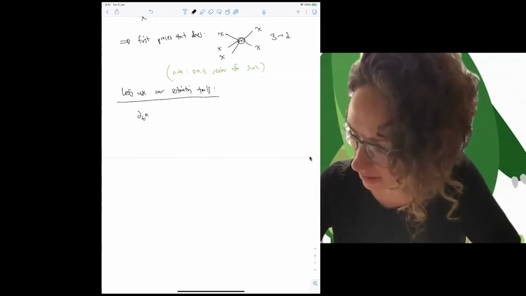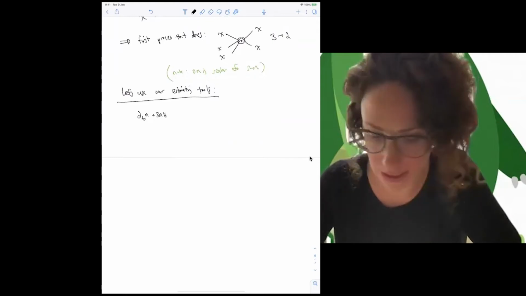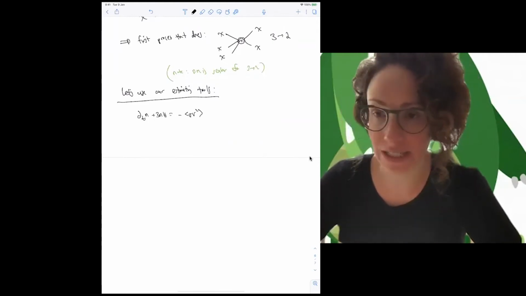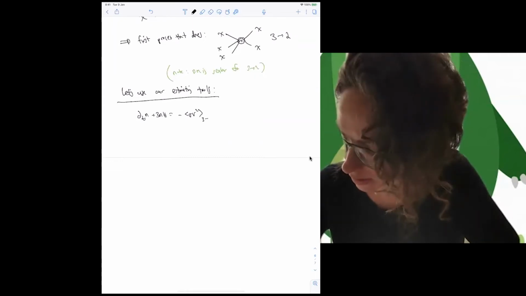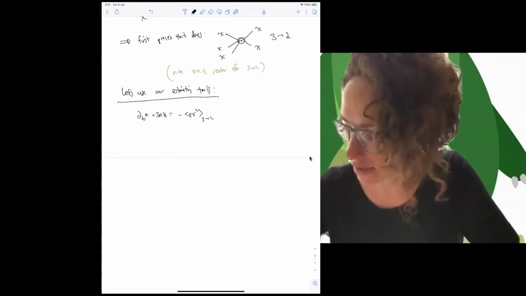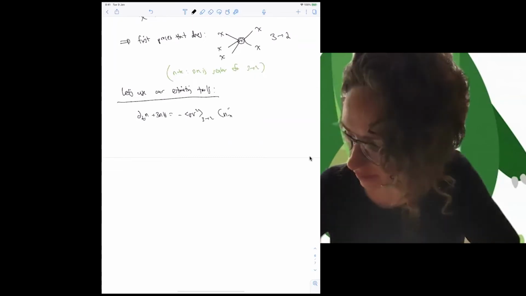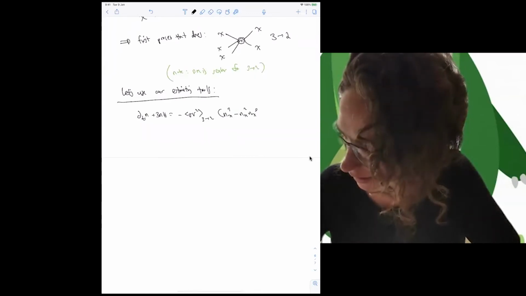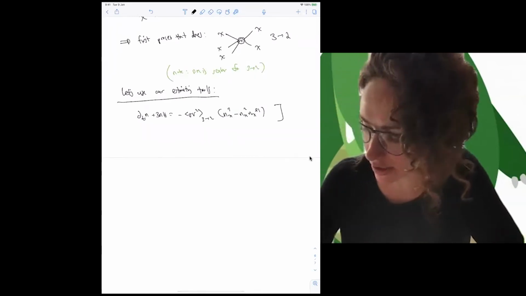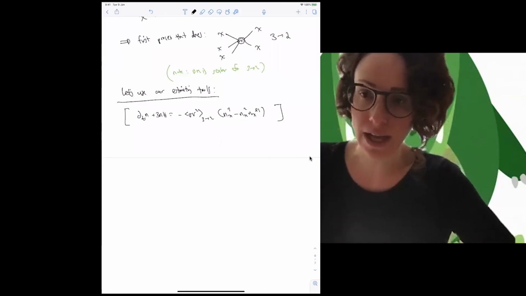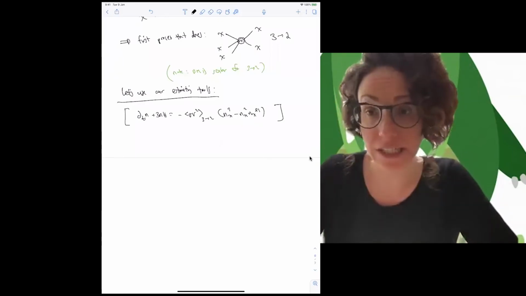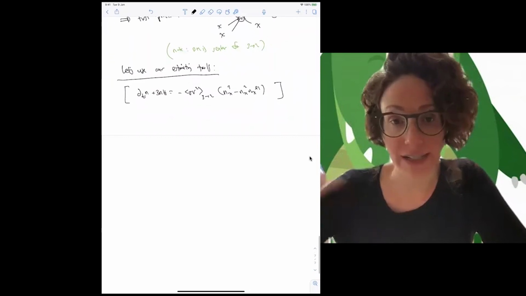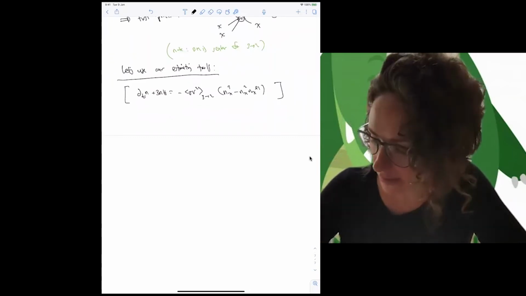So it's dn/dt plus 3nH, and you're going to see this weird object here, minus sigma v squared of 3 to 2, I'll explain what all of this is, times number density of dark matter cubed minus n chi squared times n chi equilibrium. So this is just for completeness, but we're going to understand how this Boltzmann equation arises in a few minutes.